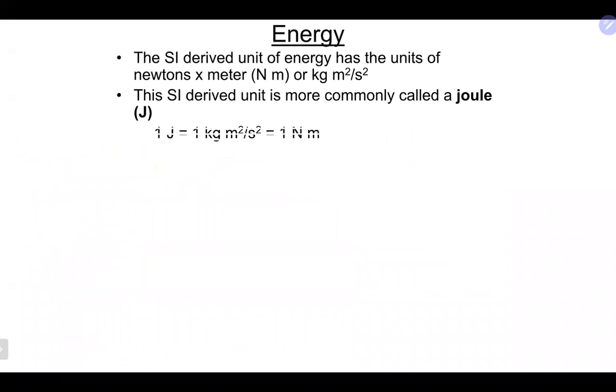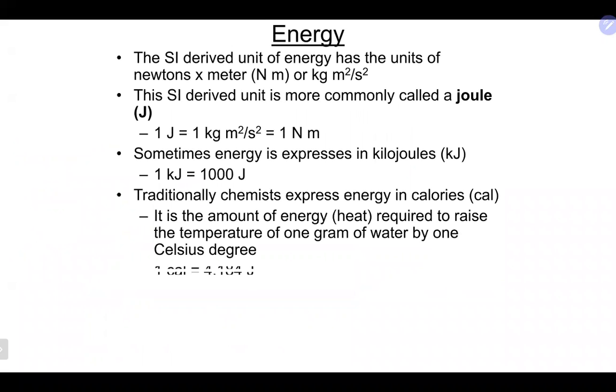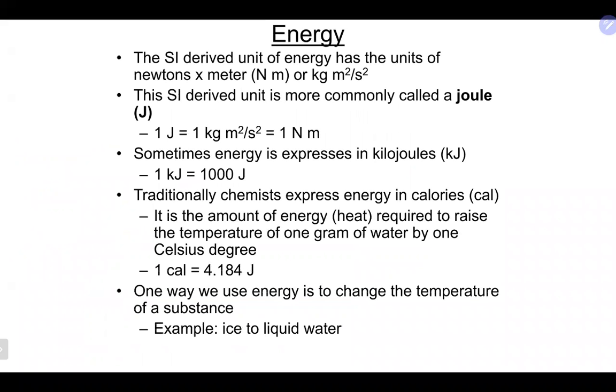A couple of important units of energy come up a lot, and we want to make sure that we know them. Most often, a joule is used as the unit of energy. A kilojoule is also a very common unit of energy. That's 1,000 joules, so that's the kilo conversion. We also use calories, which is actually a lowercase c, and kilocalories.